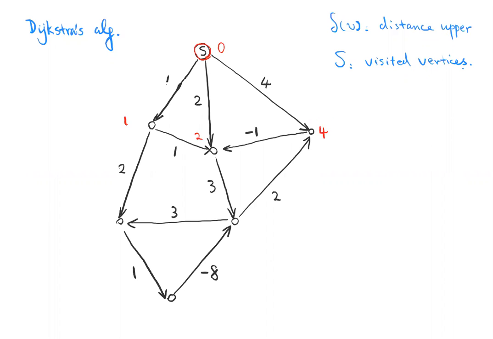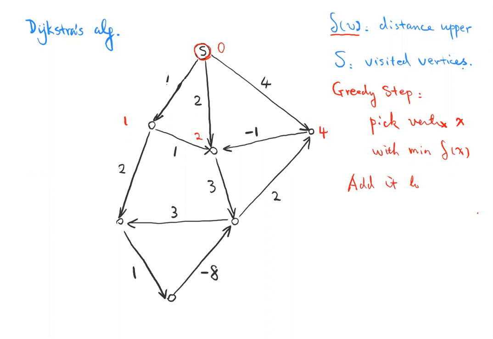Okay, now we do the same thing. Pick a vertex with minimum delta. So our greedy step is: we pick a vertex with minimum distance upper bound and add it to S. So we enlarge the set of vertices being visited.